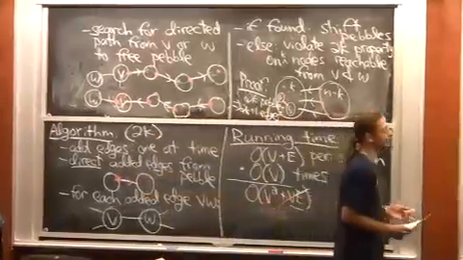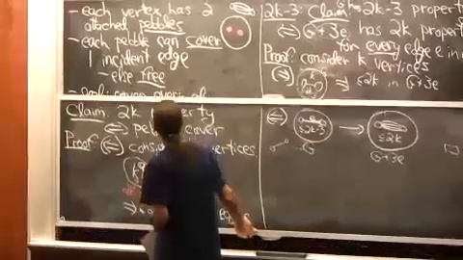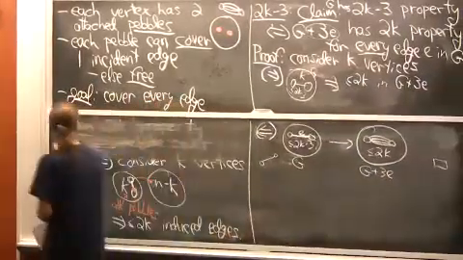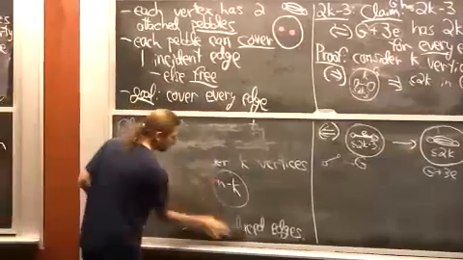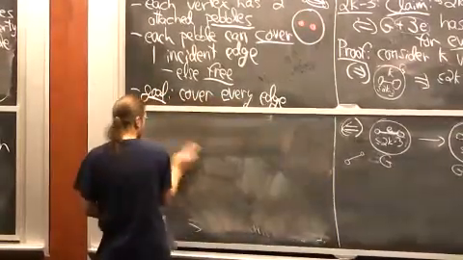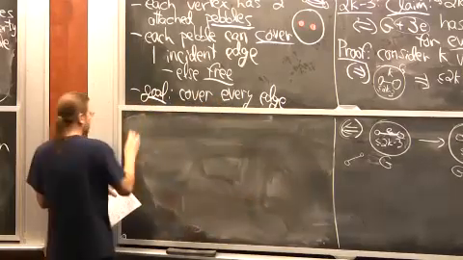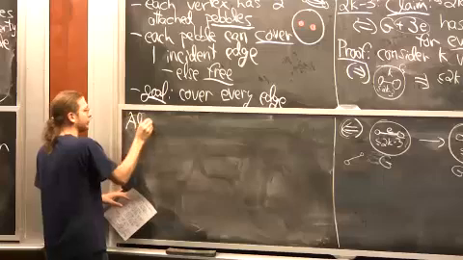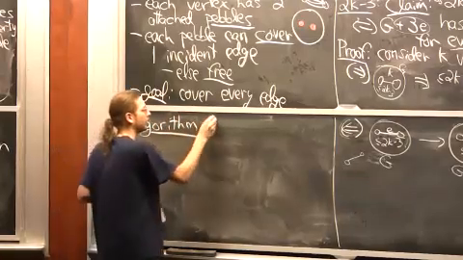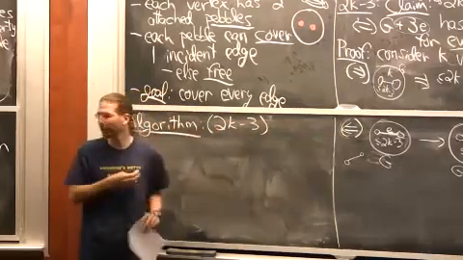I'll write a new version, but I'm going to use that as a subroutine, basically. Okay, so algorithm, 2k minus 3 version.